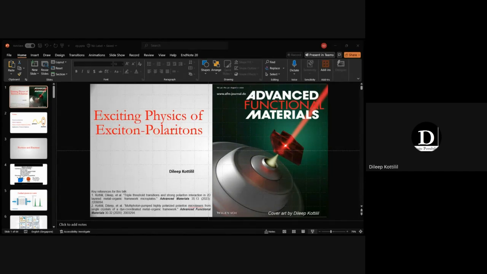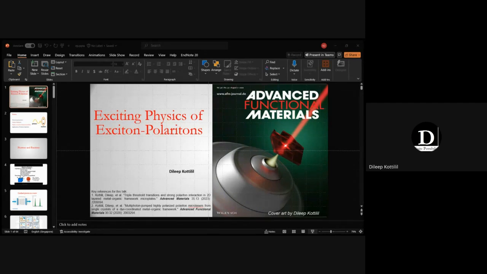Because if you are interested after this talk, you can always go back and have a look at what is actually happening in today's polariton research community. So the idea of today's talk is to try to inspire you to pursue research or read more about polaritons. That's the main idea.